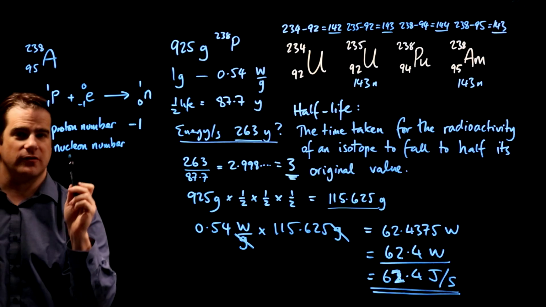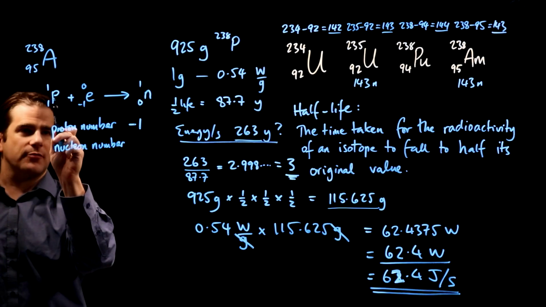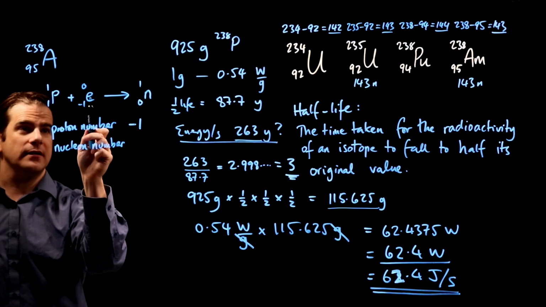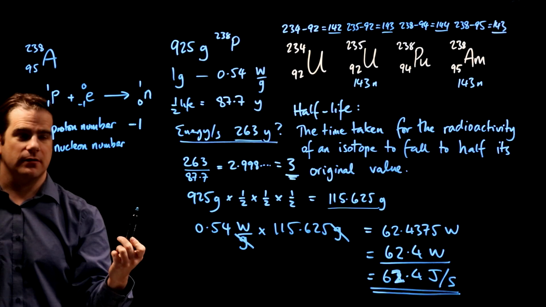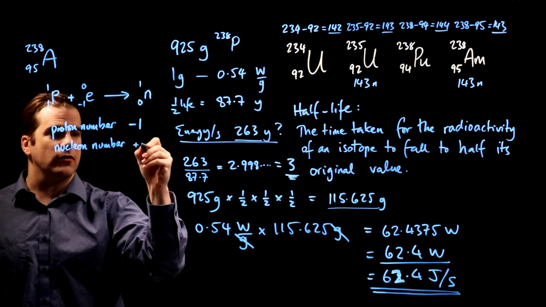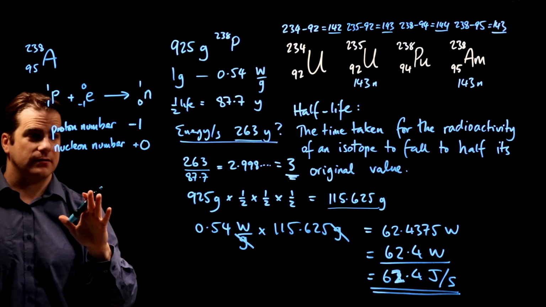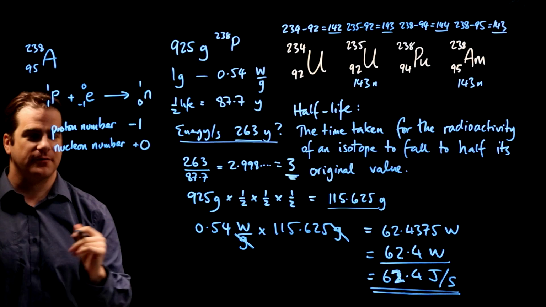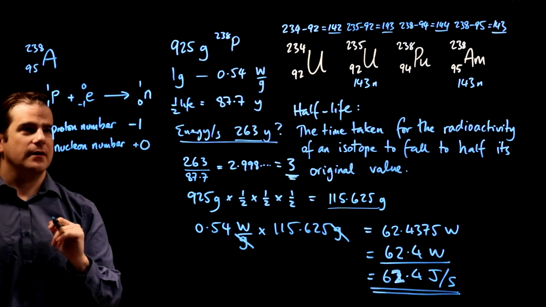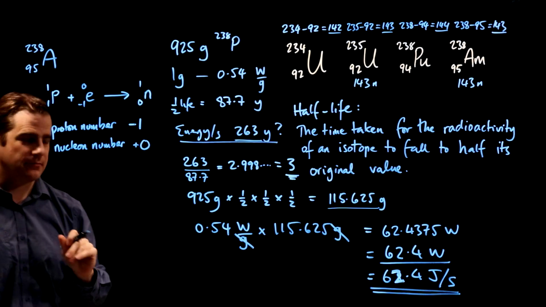That's the number of protons and neutrons. Well, the number of protons has gone down by 1, but the number of neutrons has gone up by 1. So overall, it hasn't changed. It's changed by 0, if you like. Okay? And that's it.